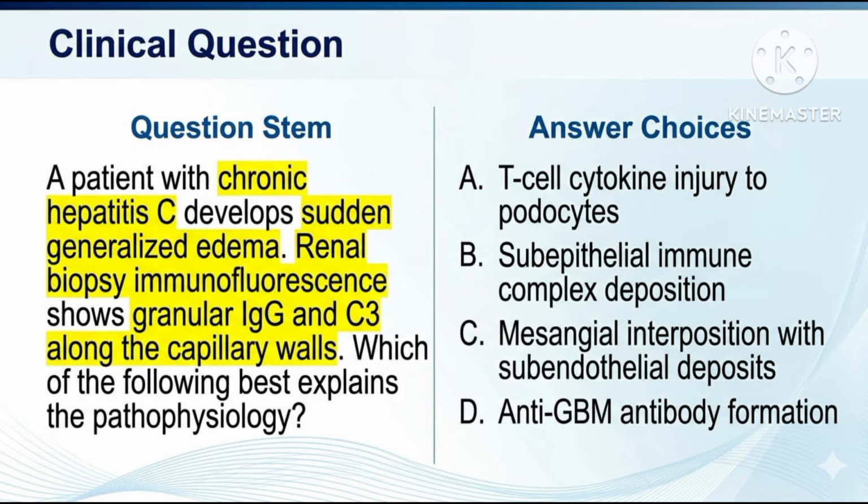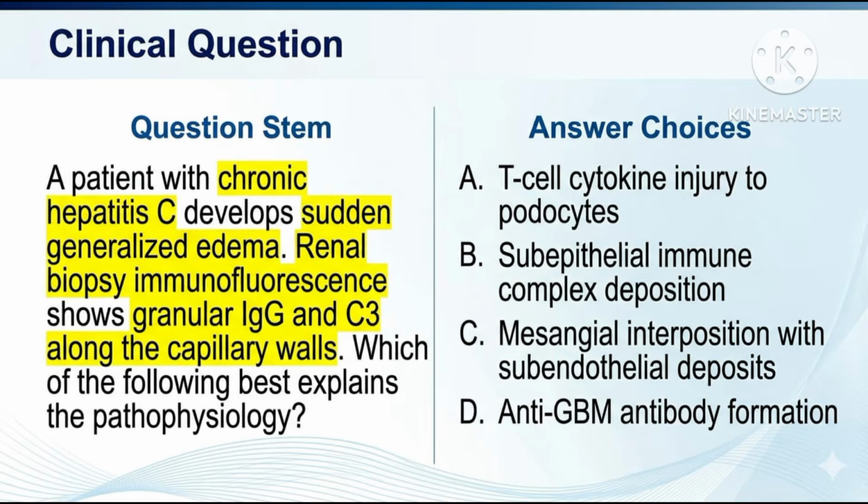Renal biopsy immunofluorescence shows granular IgG and C3 along the capillary wall. This is chronic hepatitis C infection with features of nephrotic syndrome, membranous nephropathy. Pathophysiology will explain that subepithelial immune complex deposition.